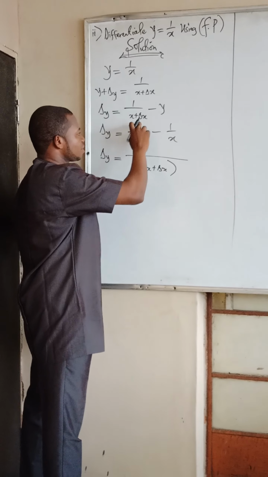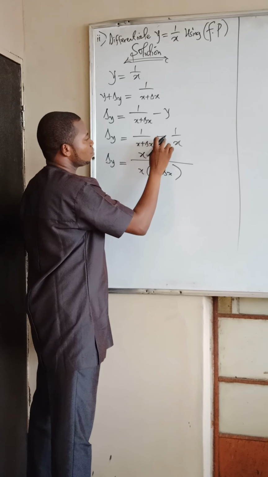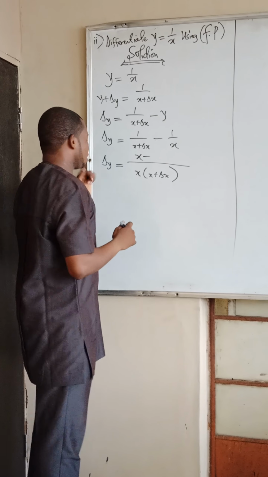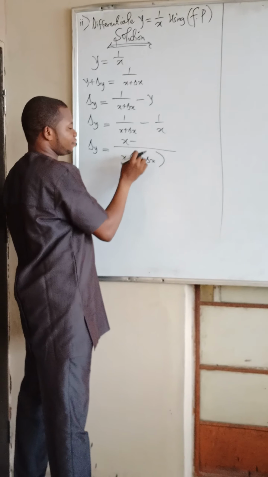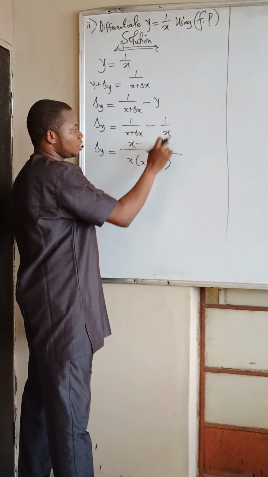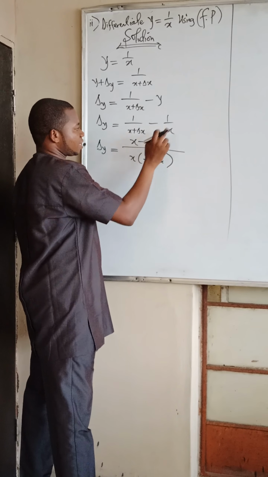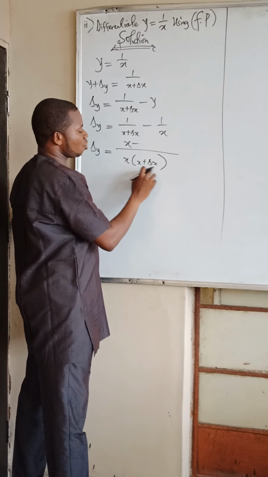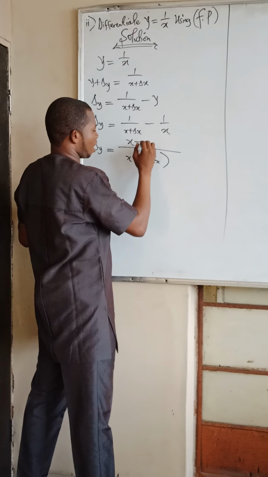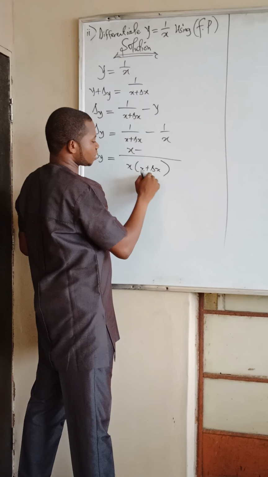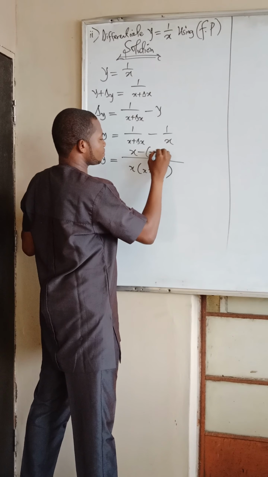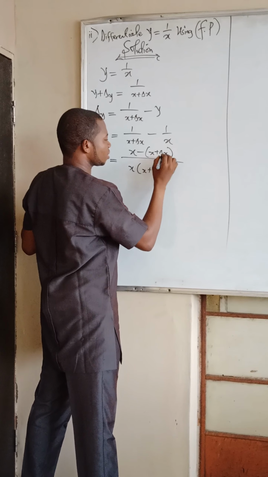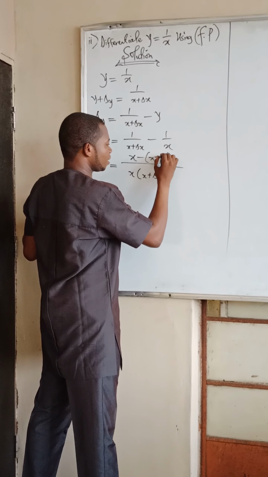So you have x times 1, which is x, put your minus. This denominator divides this LCM, x will cancel x, leaving us with this. So it becomes the whole of this times this one. We have 1 times this will give us x plus change in x.